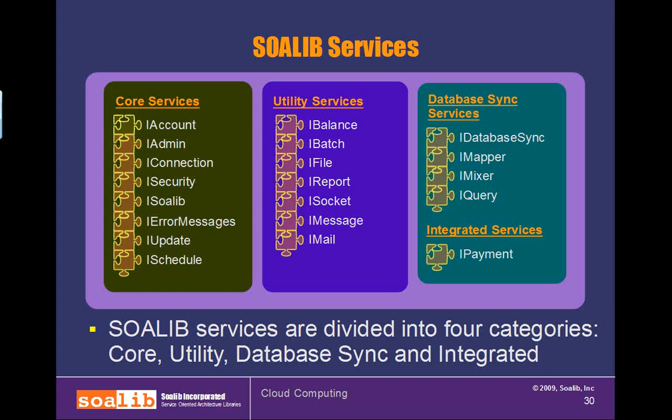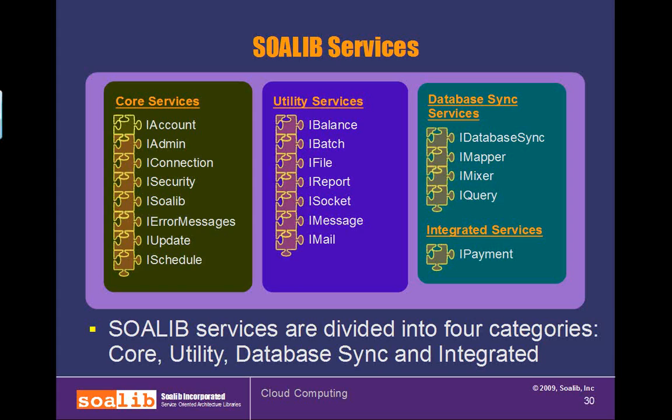iAccount, on the core services part, these are the services you need for any kind of application. Some applications have to log into the service. It needs user administration, connectivity, security, error messaging, and then update and scheduling. All of these are called core services.